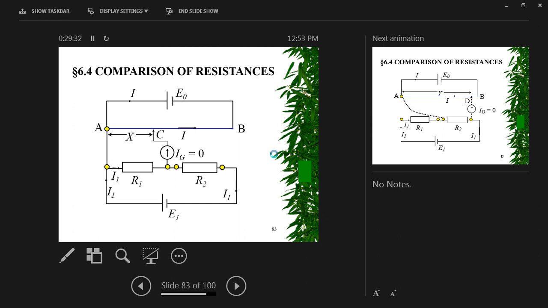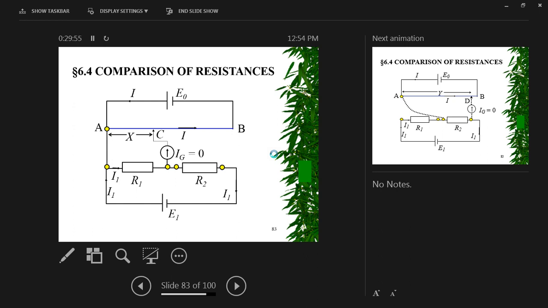It depends upon the potential differences, right? But I will use the same argument again, that there could be a place on the jockey where the potential difference across X is equal to the potential difference across R, and then no current will flow between this wire and this wire. Now, when I have that, that is called the balance point.